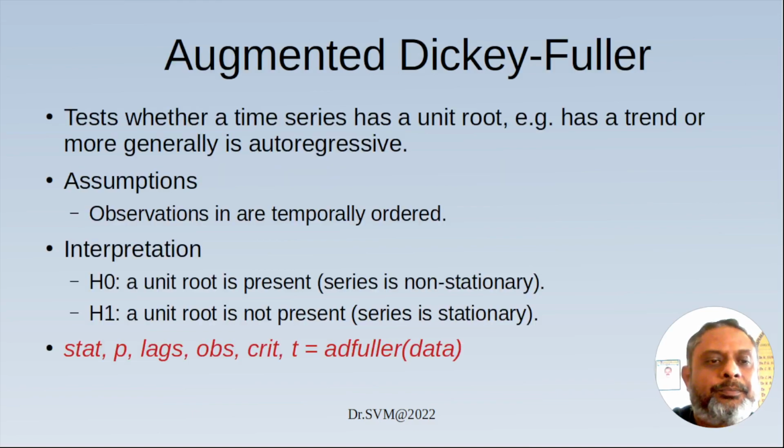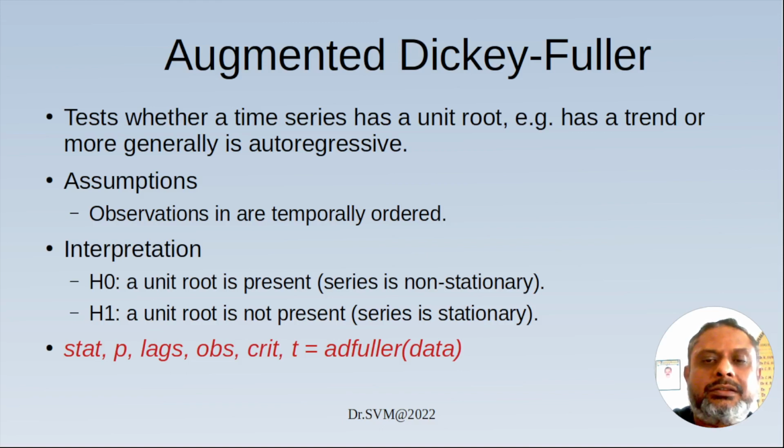In the first one, we test whether a given time series has a unit root, that means it has a trend, or more generally is autoregressive. Autoregressive means there is some relation between current data and past data.